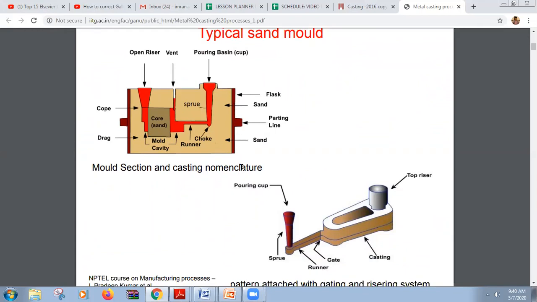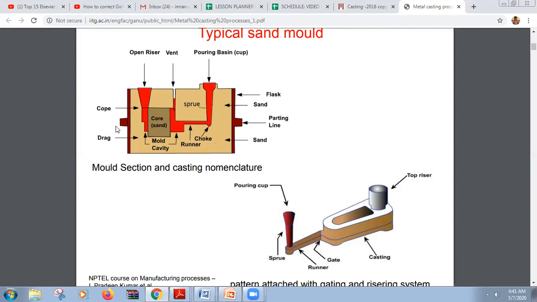Molding flask is a cylindrical shell open from both the sides. Normally this cylindrical shell has two parts. The top part is called cope and the bottom part is called drag.